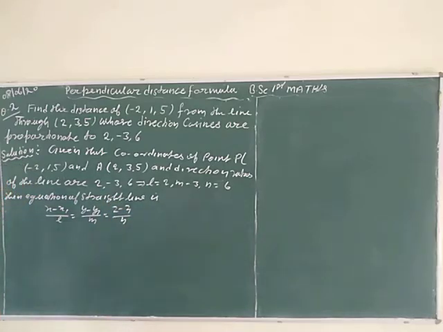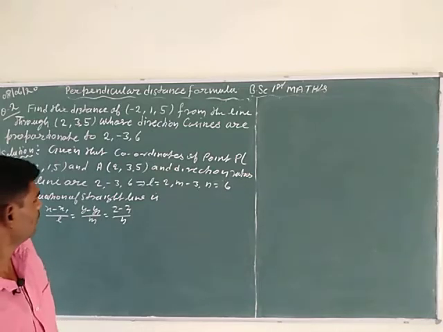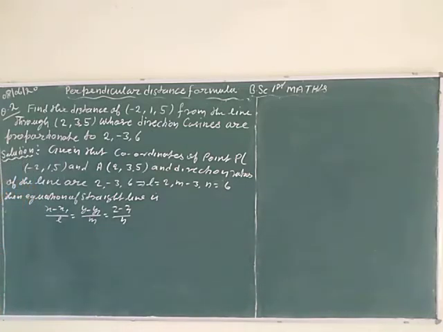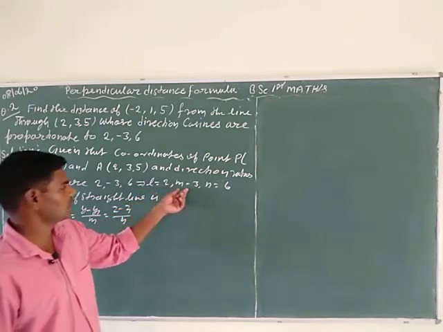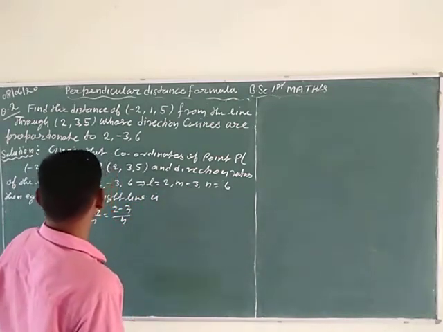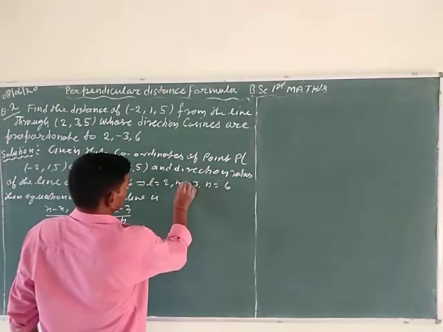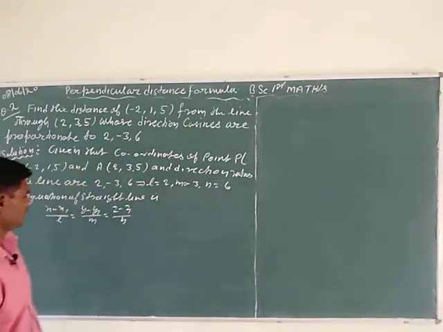Here x1, y1, z1 are the coordinates of point capital A through which this line passes, and L, M, N are direction ratios, meaning L is equal to 2, M is equal to minus 3, and N is equal to 6.